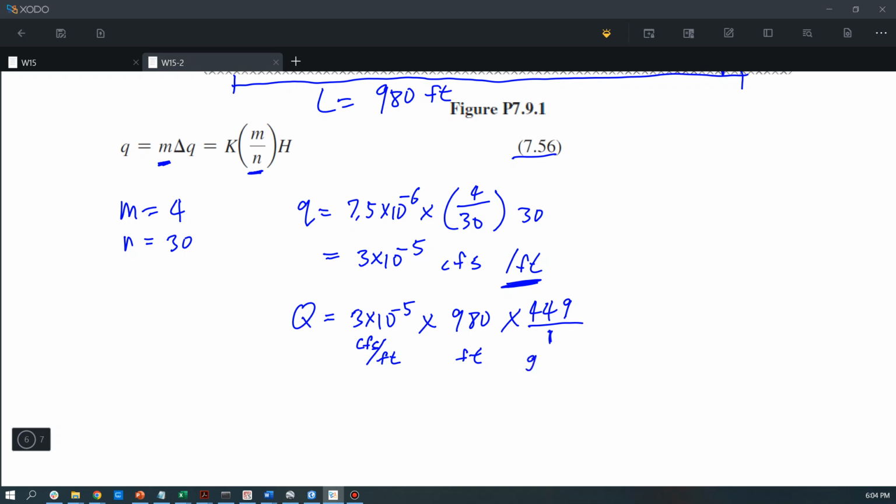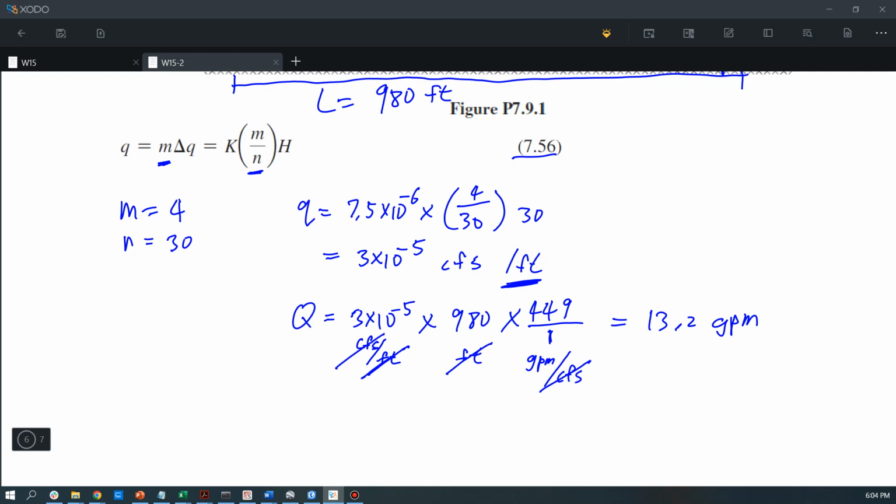So now we have a seepage rate equal to 13.2 GPM. So just to verify that, let's cancel the unit out and cancel the unit out.